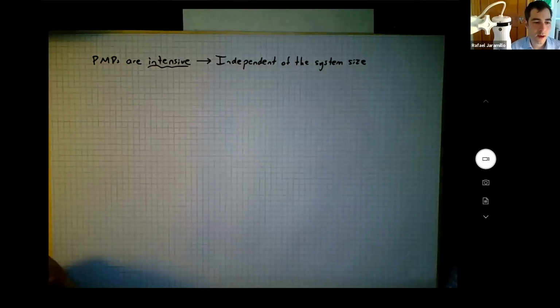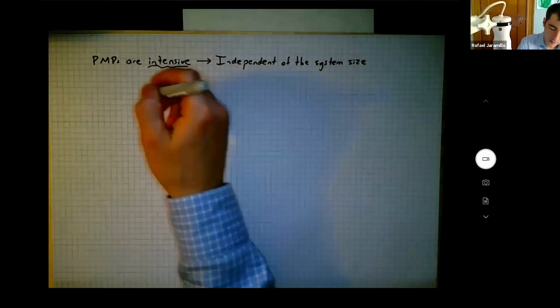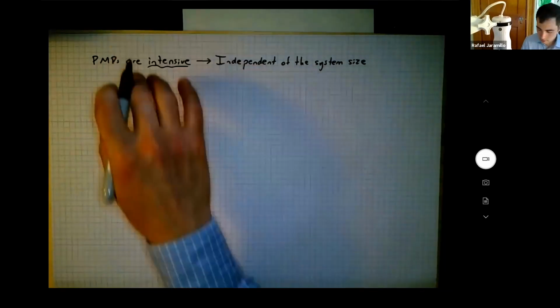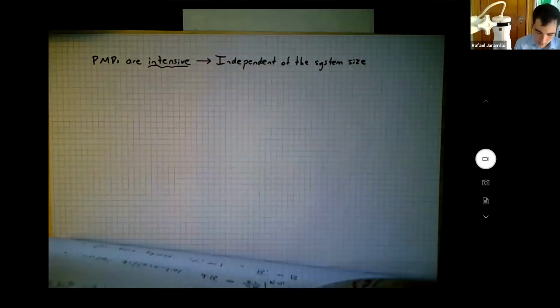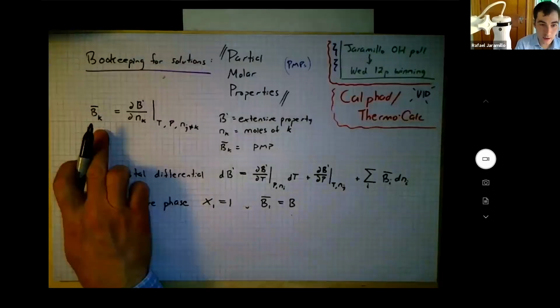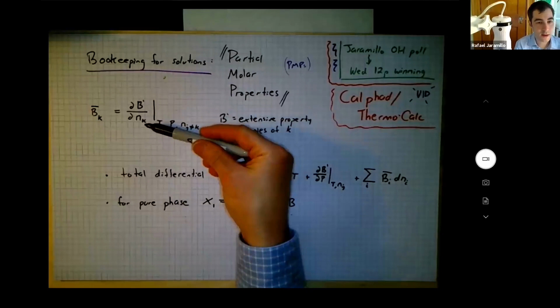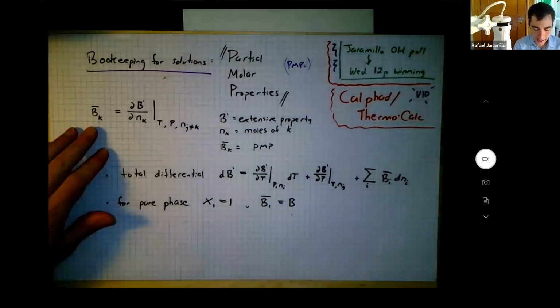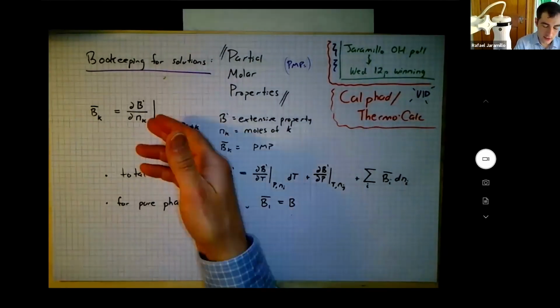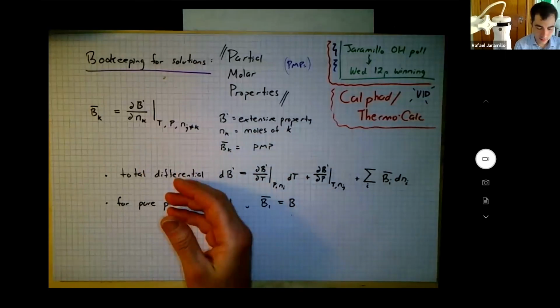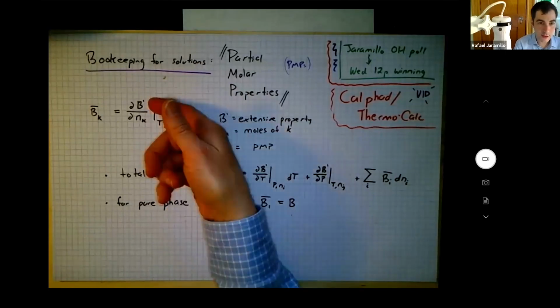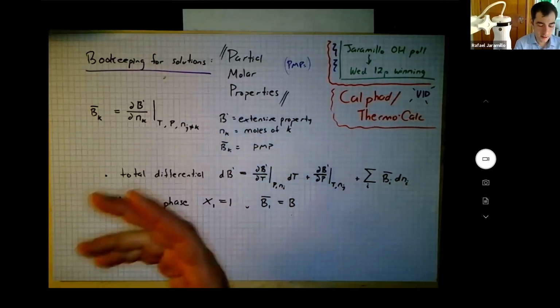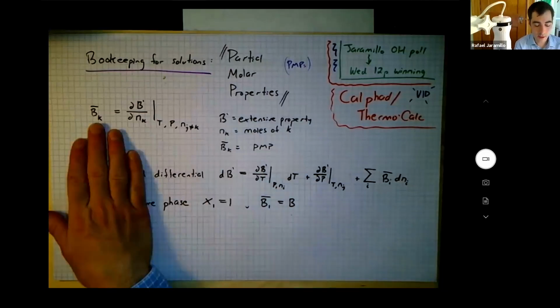But let's see, how do we know they're intensive? A PMP is an extensive quantity divided by an extensive quantity. So if I imagine this is a partial molar property and the system is a given size and I double the system size, then both the numerator and the denominator here will double, and the intensive partial molar property will remain unchanged.